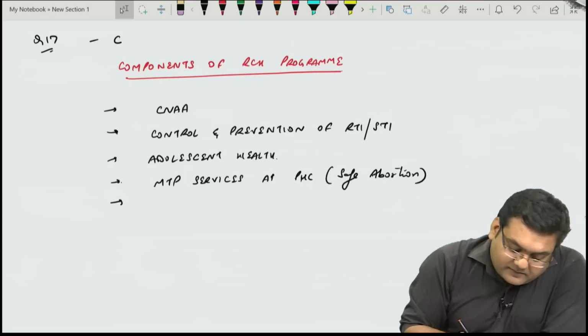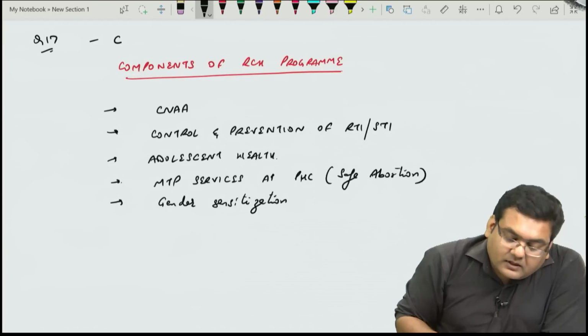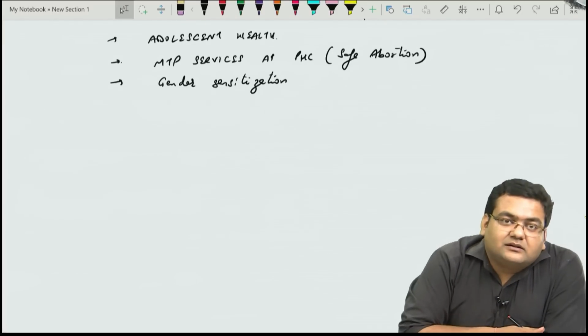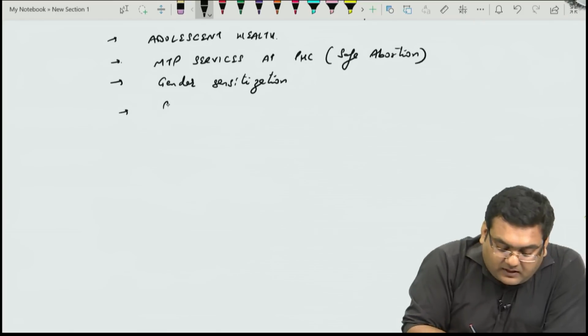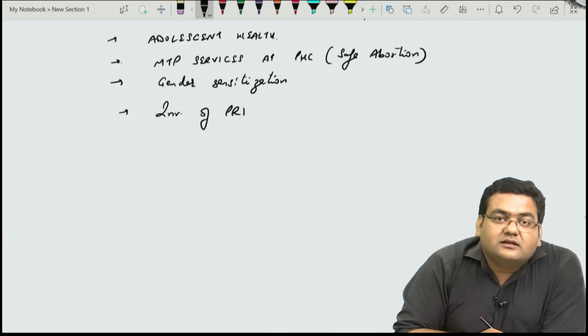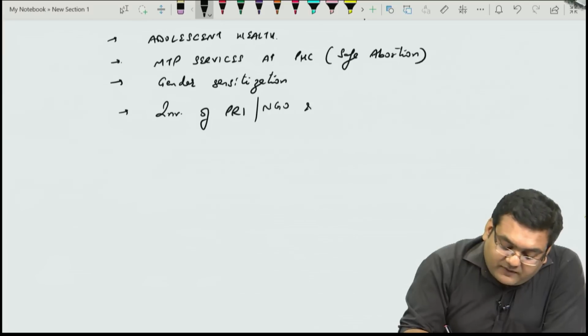Fifth is your gender sensitization. And last important is involvement of your Panchayati Raj institutions, NGOs with community.